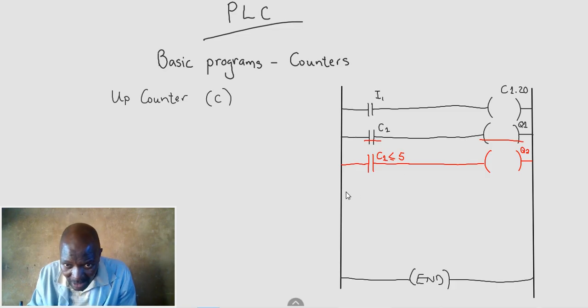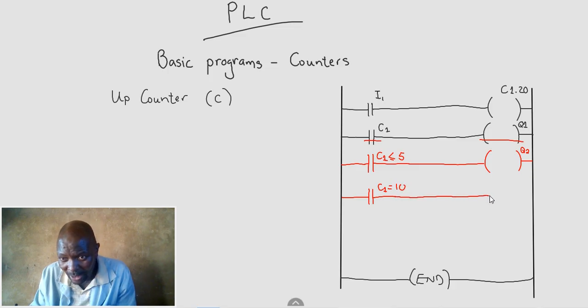Now, let's suppose we want another comparator contact to say when our counter is equal to 10. Only at 10 we want an indicator to tell us. This could be Q3.